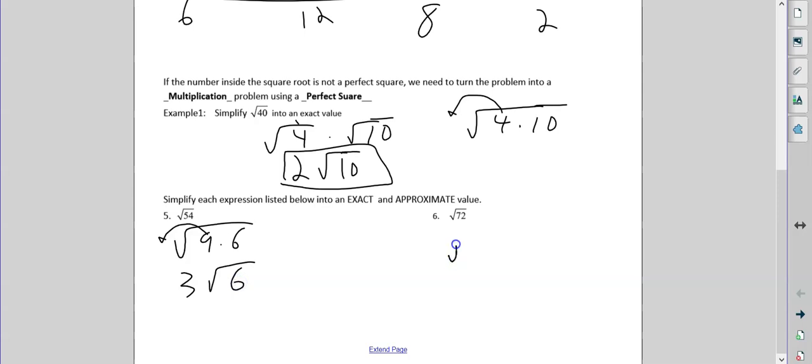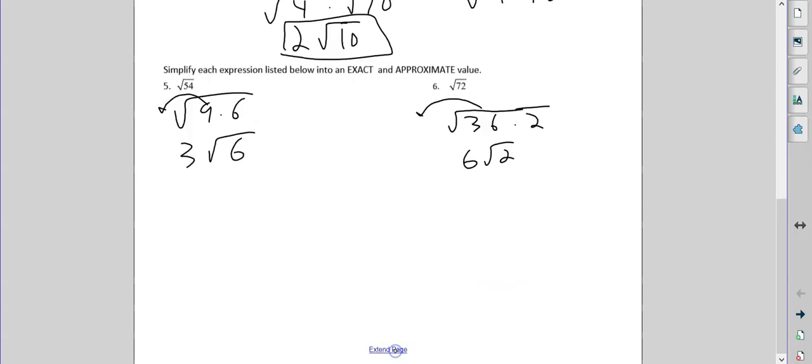72. This one is going to break down to the perfect square 36. That's the biggest one that goes into it. Times 2. This comes out as a 6. Now, let me talk about why I talk about going backwards. Because some of you might immediately go, oh, 9 times 8. And that is correct. 9 is a perfect square, and 9 goes into 72.